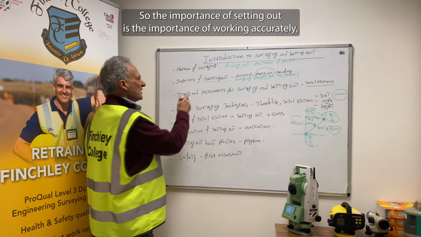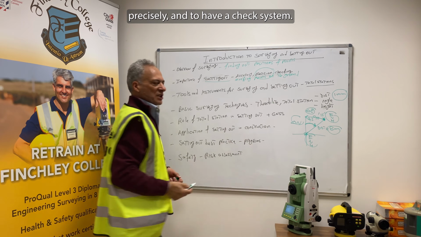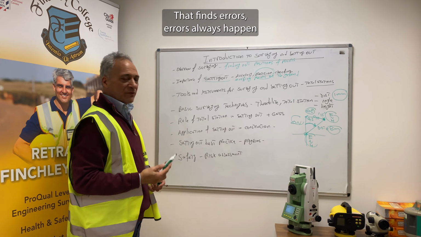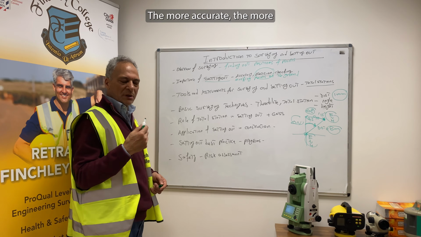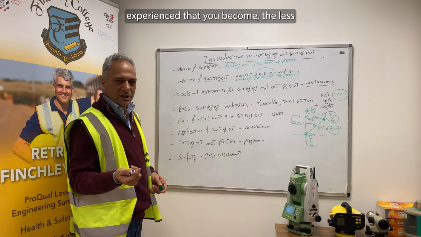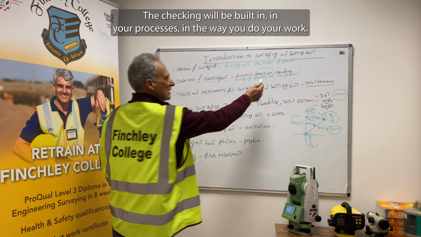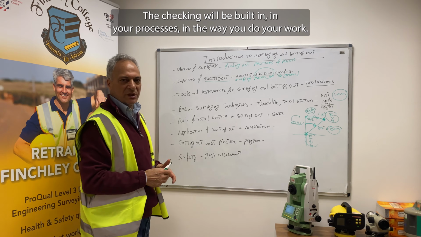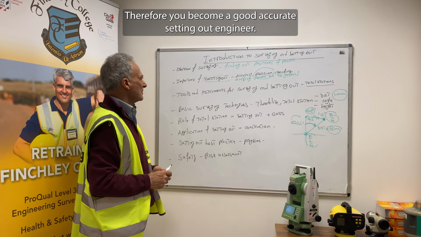So the importance of setting out is to be accurate, precise, and have a check system that finds errors. Errors always happen. The more experienced you become, the fewer errors you make. The checking will be built into your processes, the way you do your work. Therefore, you'll become a good, accurate setting out engineer.